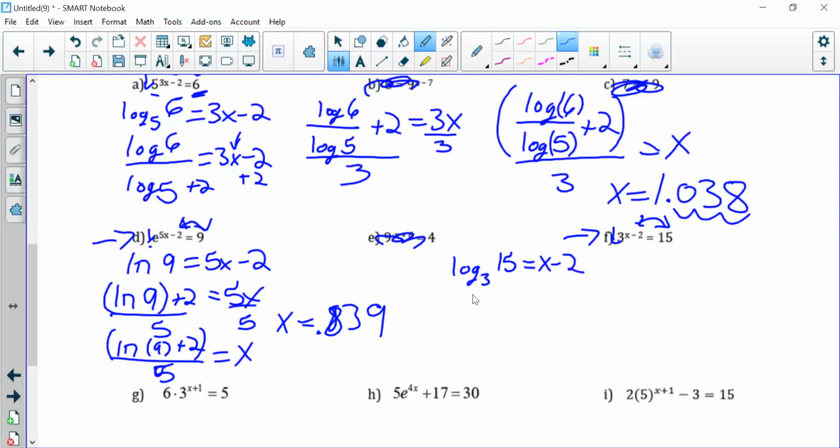Change of base formula. Remember, log of tall over log of small. Log of 15 over log of 3 equals x minus 2. All right, and then I'm going to add 2 to both sides. So the log of 15 over the log of 3 plus 2 is equal to x. All right, calculator once again.